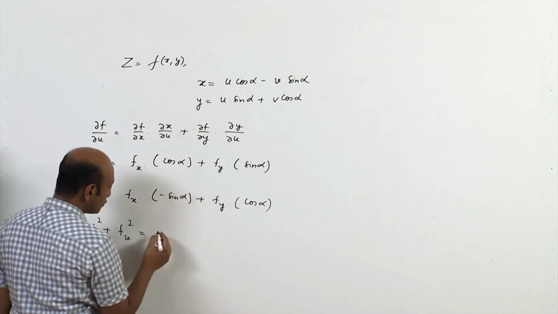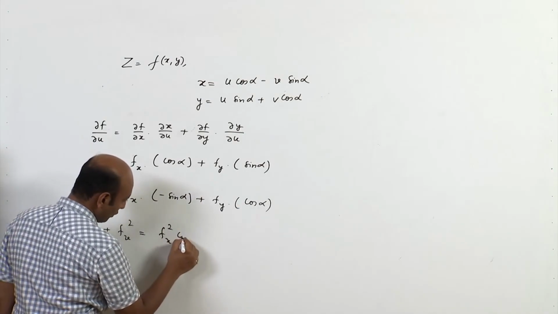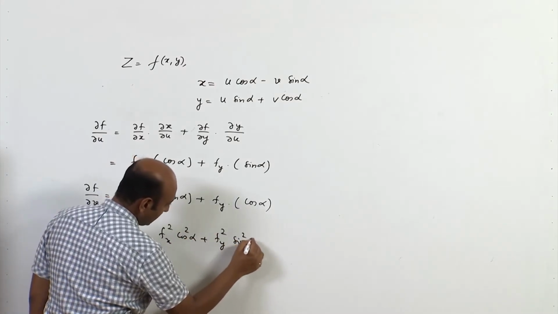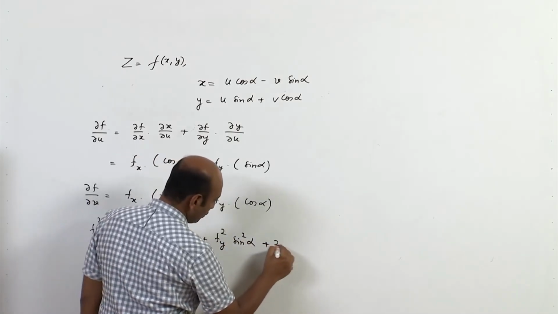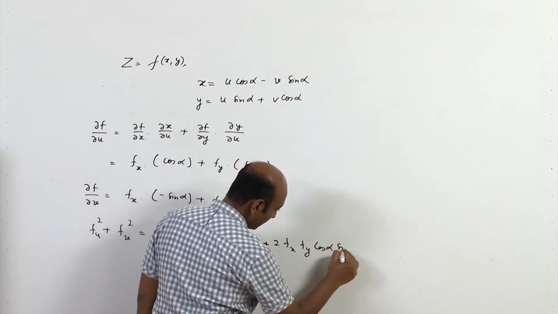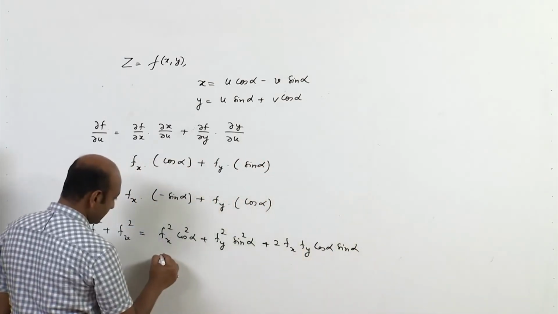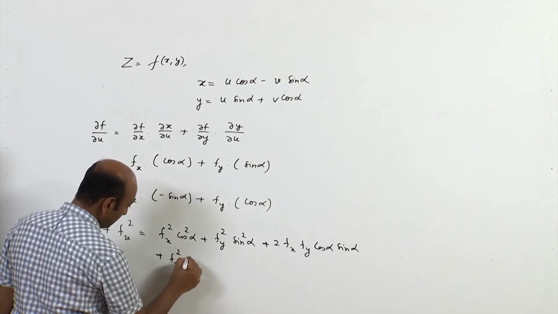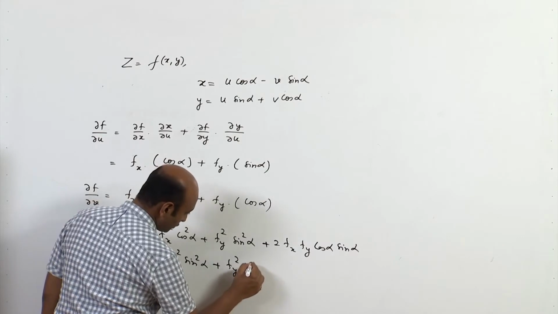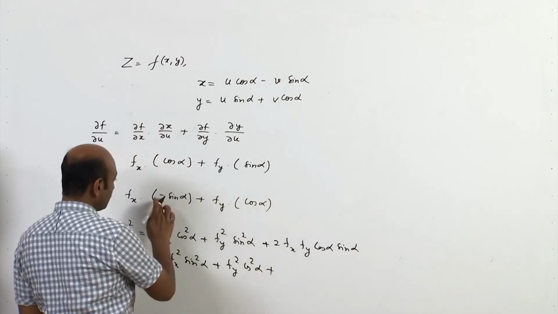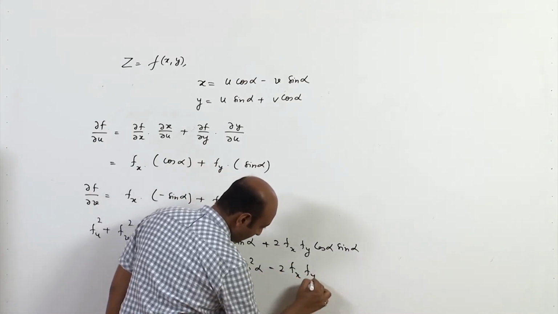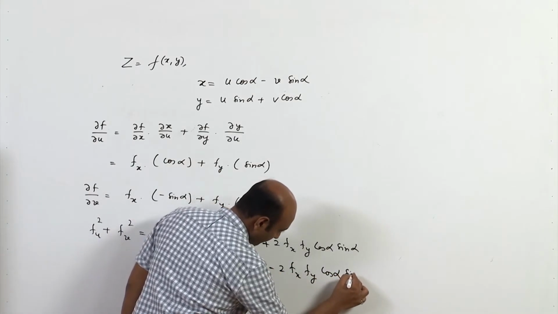This square is f x square cos square alpha plus f y square sin square alpha plus 2 f x f y cos alpha sin alpha, plus f x square sin square alpha plus f y square cos square alpha minus 2 f x f y cos alpha sin alpha.